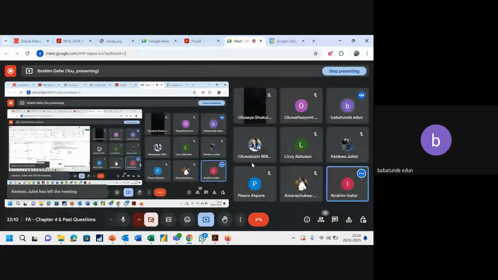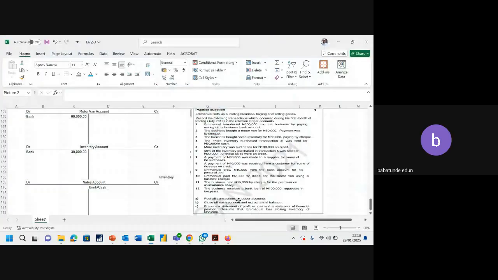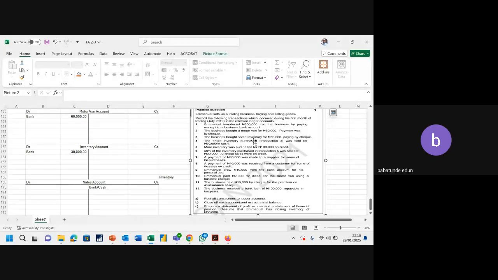I'm trying to look at the question again, sir, because you said the inventory we bought earlier was sold. Then we agreed that a sales account will be opened. You said we are going to credit the sales account, then debit the cash, the bank account. But I think we're going to debit the sales account since it is a new account.